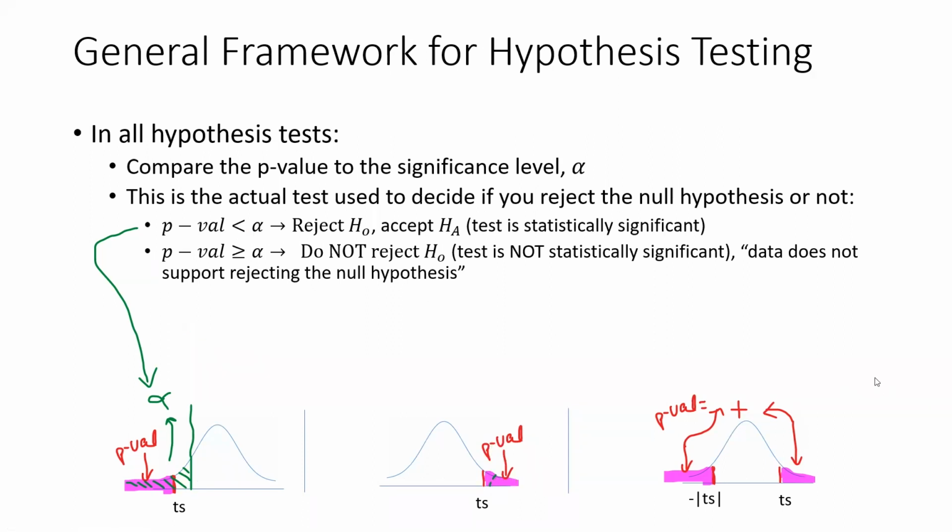Now that we've gone over the general framework for running a hypothesis test, I want to return to the two examples that we did, when we have two groups or two subpopulations that we want to test some quantity in. The first one that I gave you an example for was a difference between two means.